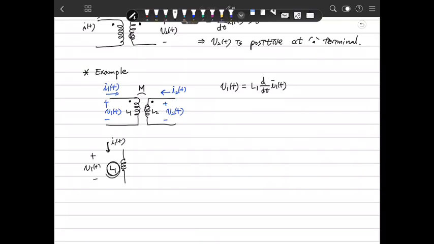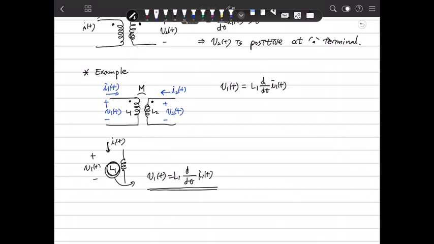Therefore, V1(t) is L1 d/dt I1(t). This is the only simple relationship between voltage and current in an inductance. But the coupled inductance has one more term. The coupled inductance has an effect on each other between the primary winding and the secondary winding.